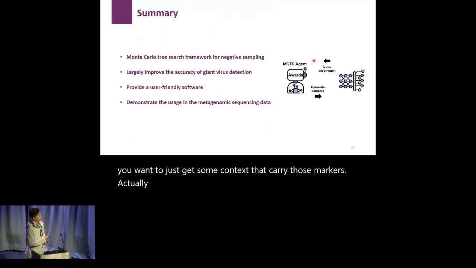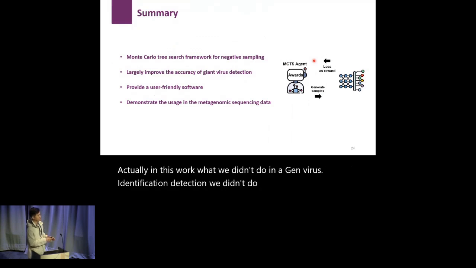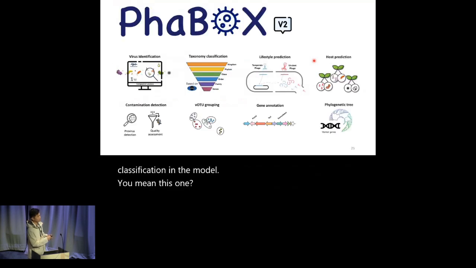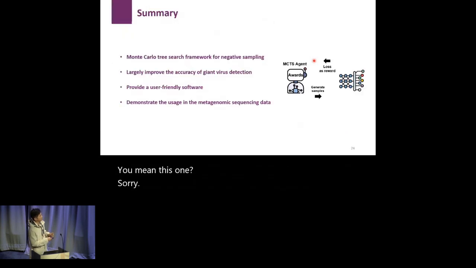Actually, in this work, in the Giant virus identification and detection, we didn't do the taxonomy classification in the model. You mean this one? Sorry. In this Monte Carlo that we showed, you're making use of the taxonomy. I see.